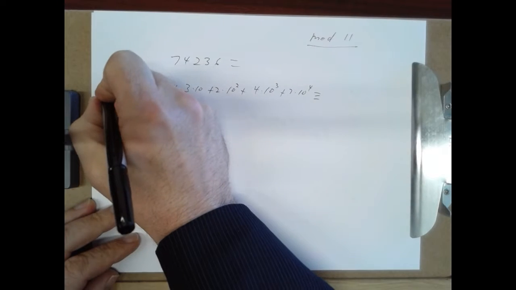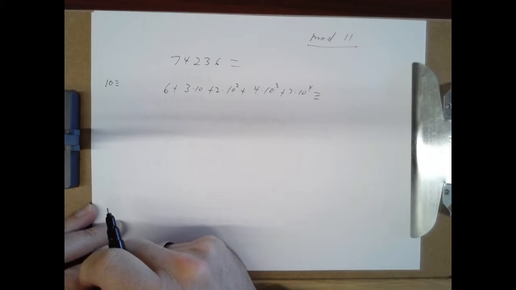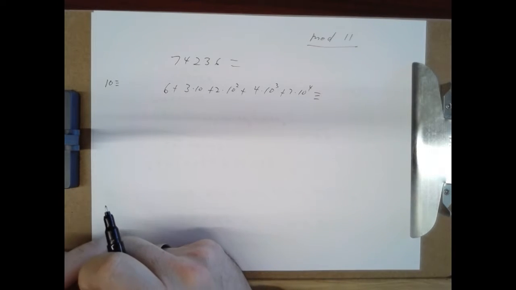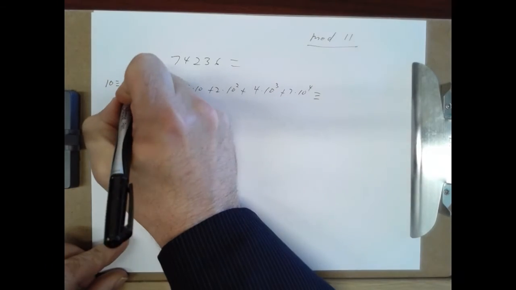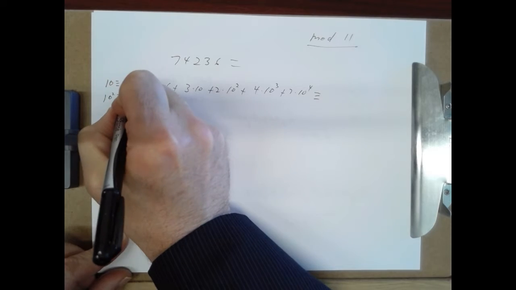What is 10 congruent to modulo 11? It's 10, obviously, but what else is it congruent to? -1. It's 1 less than a multiple of 11, which means 10 squared is congruent to 1.